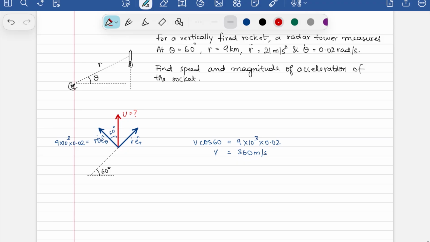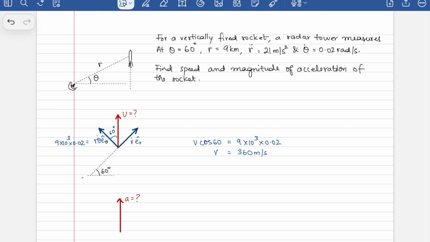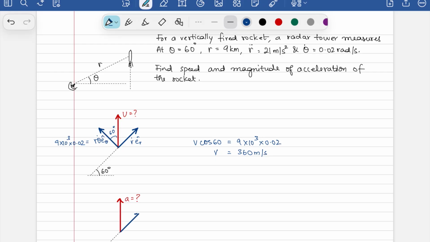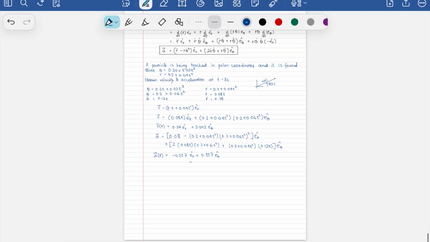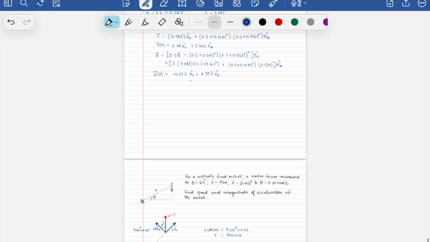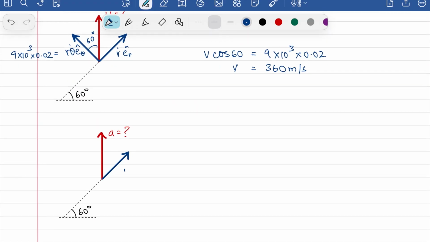It is a vertically fired rocket, and so again we have acceleration as some unknown, but it's vertically oriented. What is the component along the radial direction? I could just have a copy of this here, and in the radial direction, you have a component given by r double dot minus r theta dot squared, along e r hat.